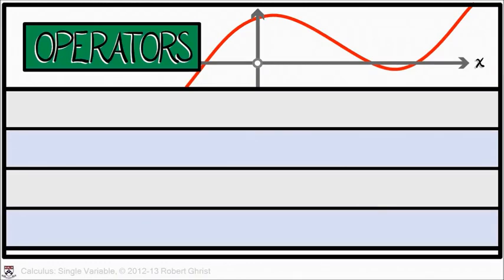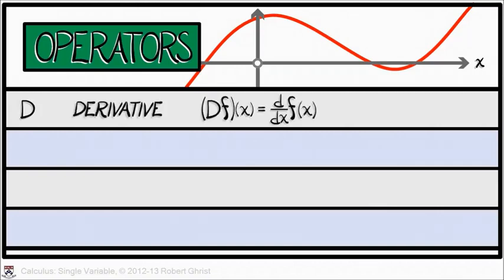Well, there's one that we've been looking at rather closely. The derivative. I'm going to give it an operator symbol as a capital D. Then what does capital D do? It takes a function f and returns the derivative df dx.